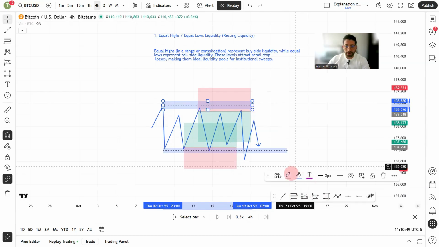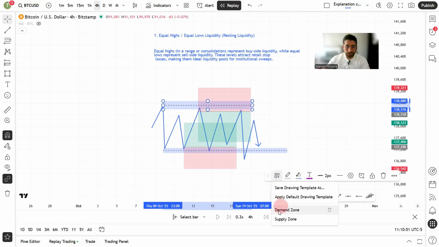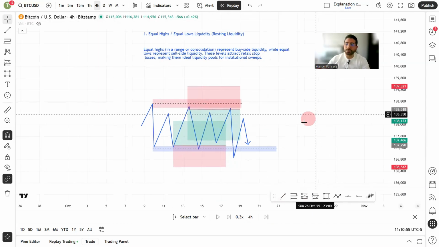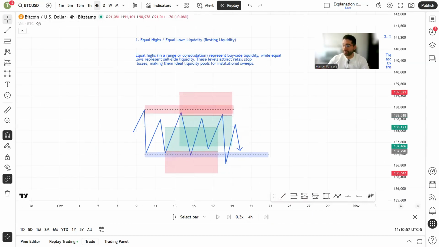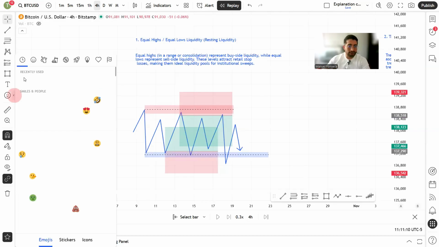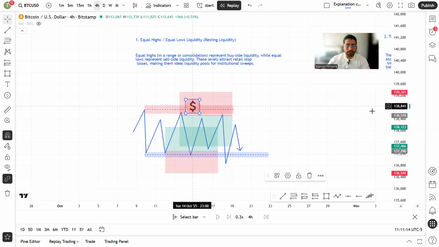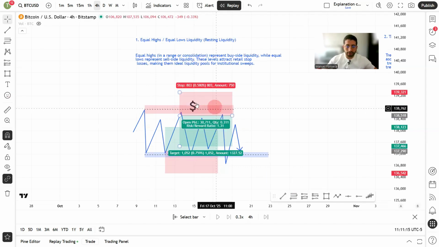So at the end, what institutions see here is a liquidity pool. That's the concept you listened to before, the liquidity pool. And this is created because there are a lot of stop losses accumulated, from 20 million, 40 million, I don't know, a lot of people putting orders here, even selling or even buying, right?